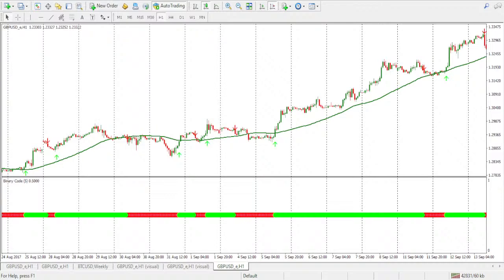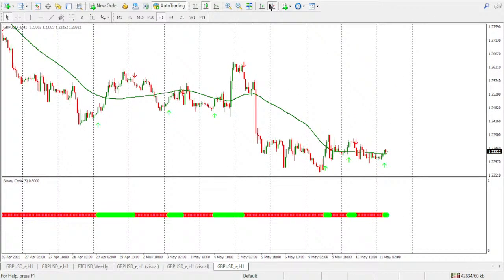So we have GBP USD. If you remember what I said yesterday, we were actually looking for a sell. We said that the price was likely to continue to the lower side. Unfortunately, that has not happened just yet.